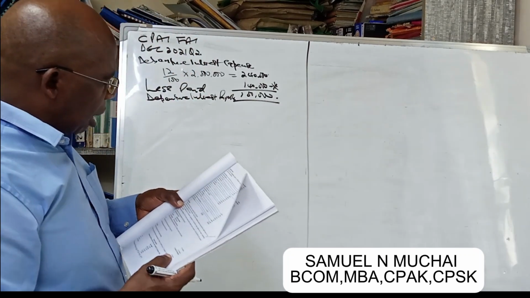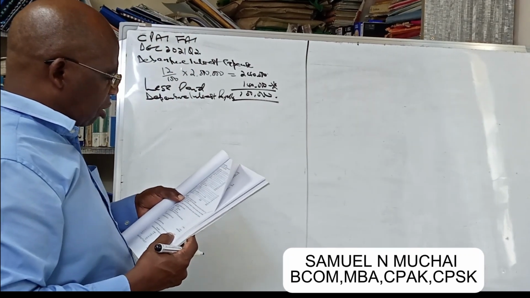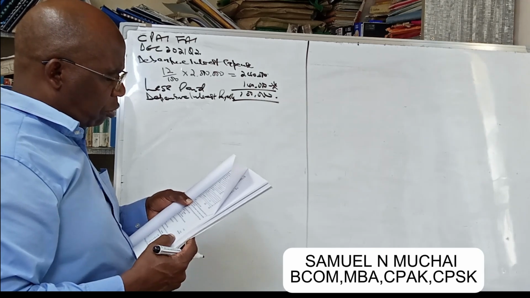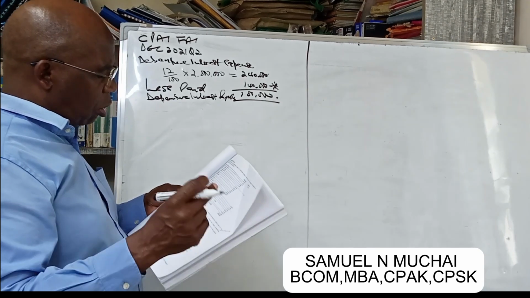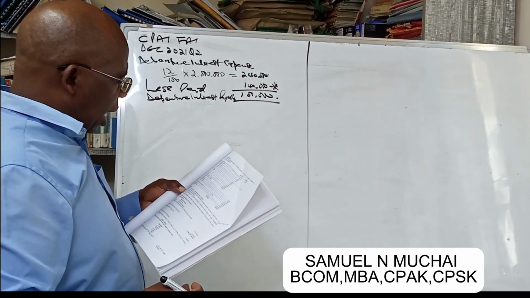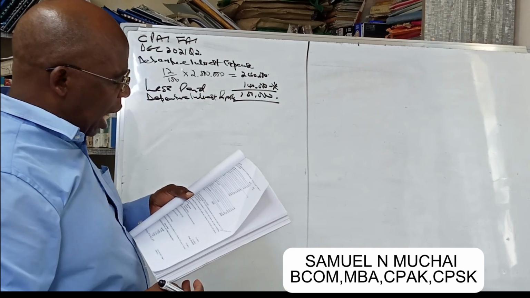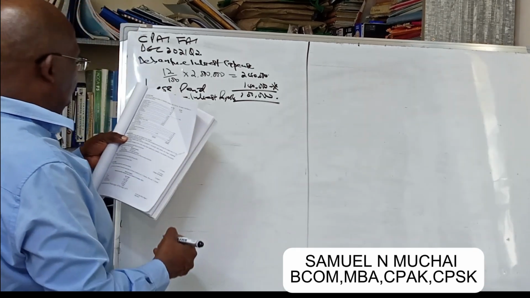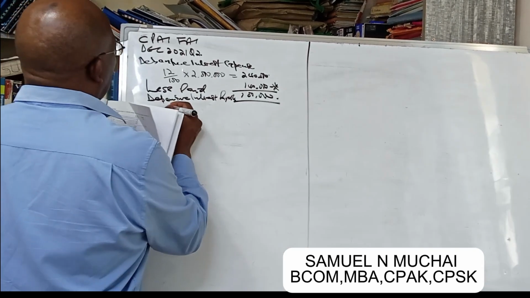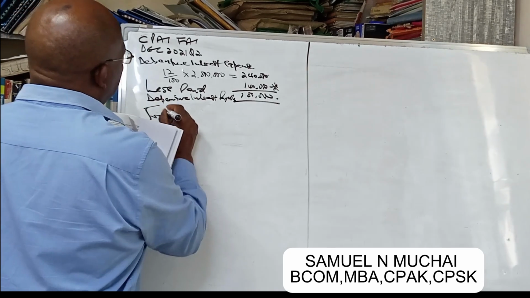We are told, number one, the inventory as of 30th of June 2021 was valued at 1,240,000. You are given the closing stock. The freehold land was revalued to 9.4 million.